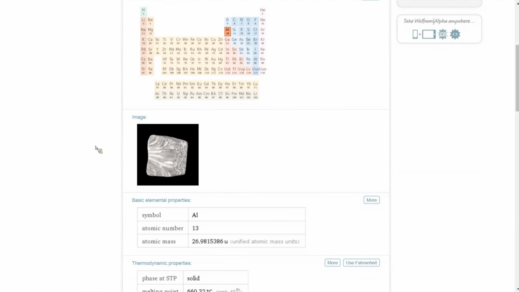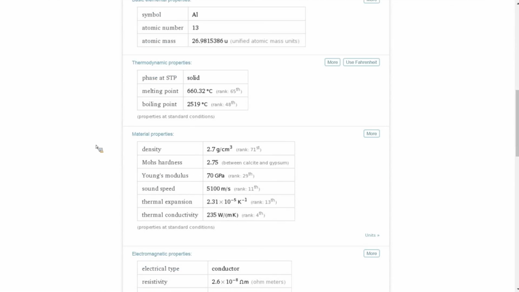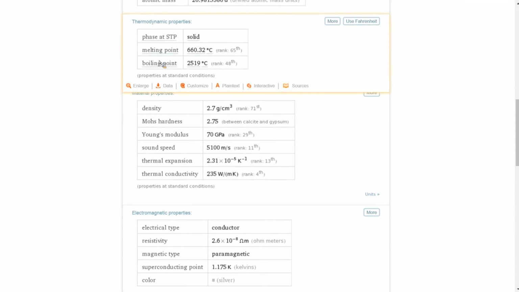So I look up aluminum, and it's got all of this physical information available, like the melting point, boiling point, thermal conductivity, all these things. And so you can give your students license to just go explore and say, find a variable or a physical property that has some sort of mathematical correlation with the work function.